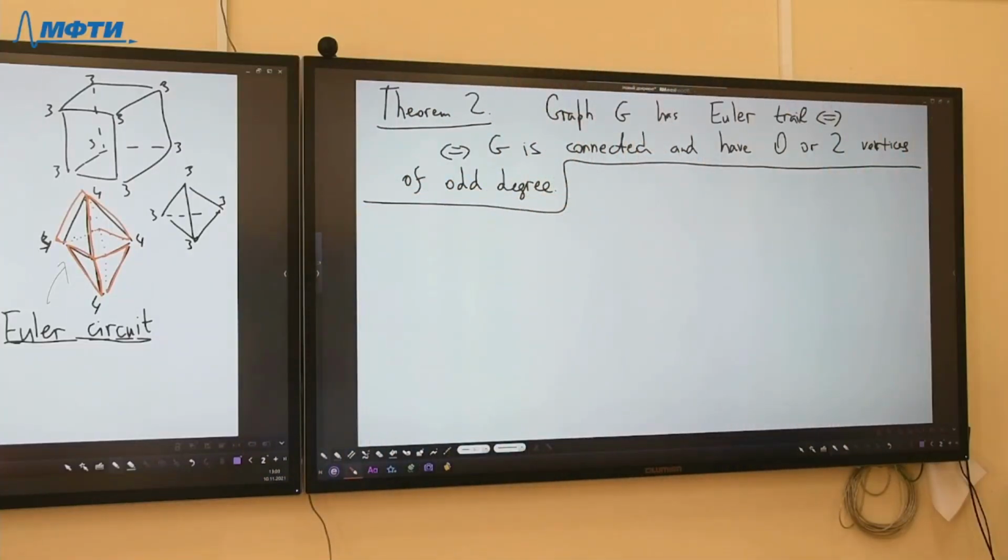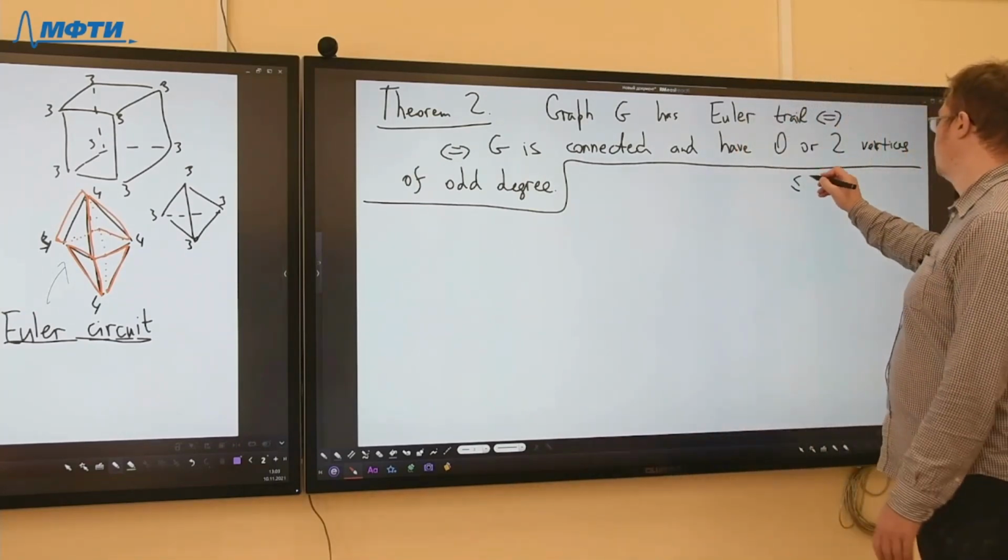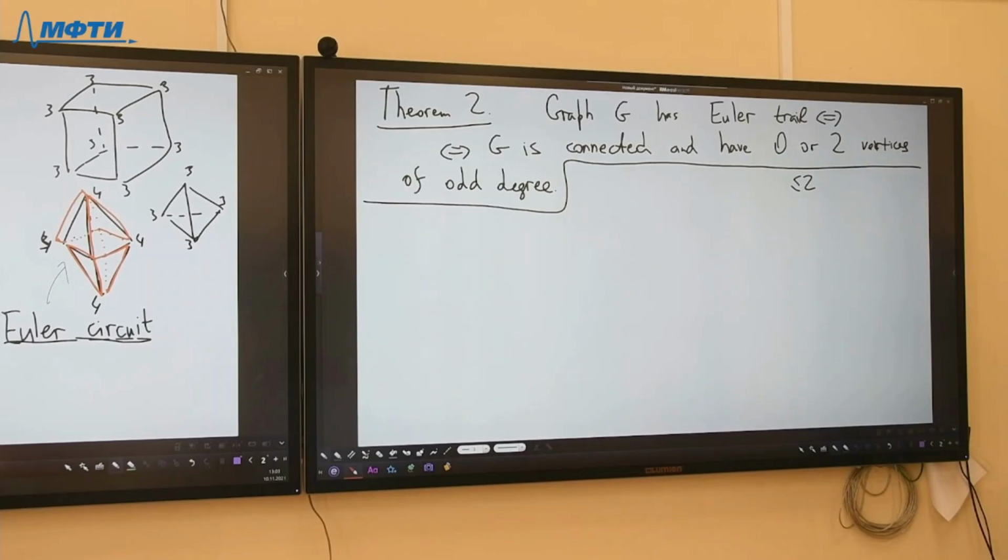We can say that the number of vertices of odd degree must be even, so we can say here that there are not more than 2 vertices of odd degree. 0, 2 is the same.